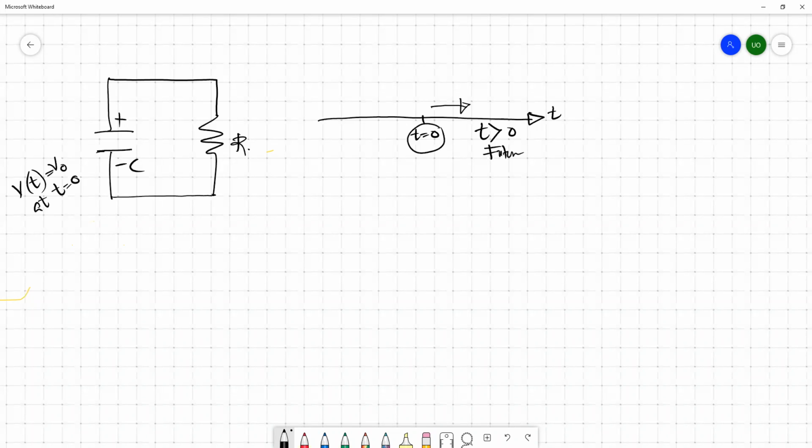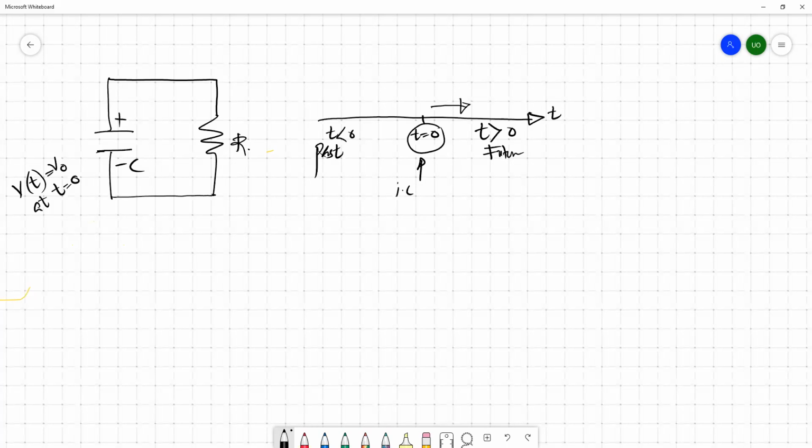But we don't know what happens to the circuit during t less than 0, during the past. But we know the initial condition. The initial condition basically captures whatever happened during the past.